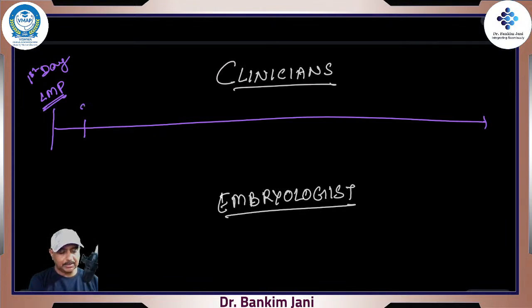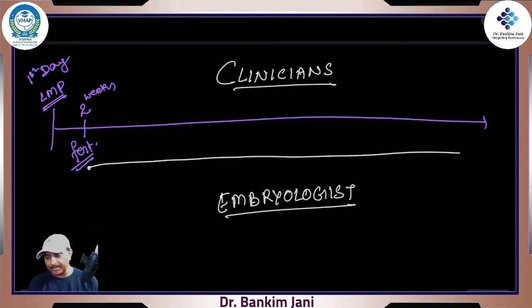So we'll put 2 weeks over here, and the fertilization occurred over here. Embryologists would consider that the real process starts from this point onwards. That makes sense, so they will be considering this timeline.